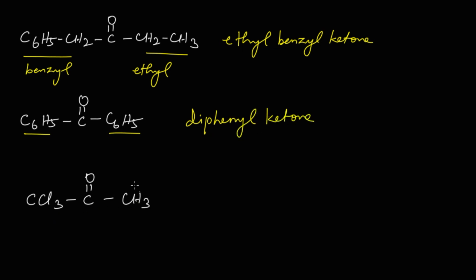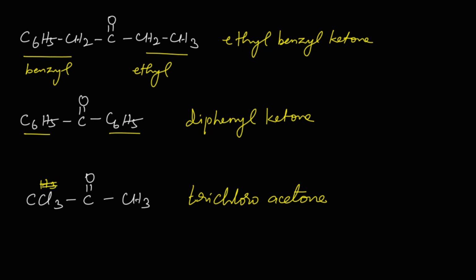The third one: if 3 hydrogens are present, it is known as acetone. Instead of these 3 hydrogens, 3 chlorines are attached, so it is known as trichloroacetone. The 3 hydrogens in the acetone are replaced by 3 chlorine atoms.